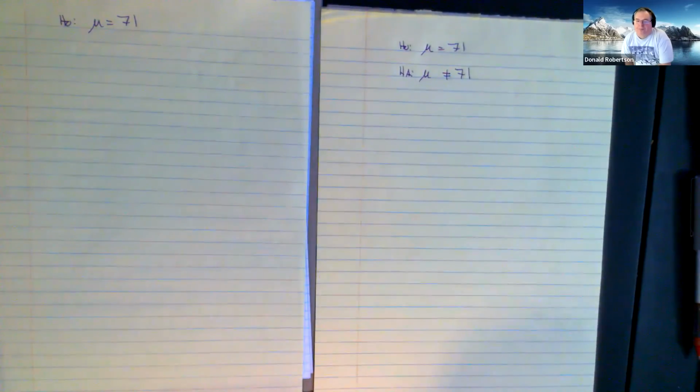And this is essentially the last time that you're going to see one of these. So the null hypothesis is that it is 71. And I've decided that the alternate is going to be that it's different from 71.